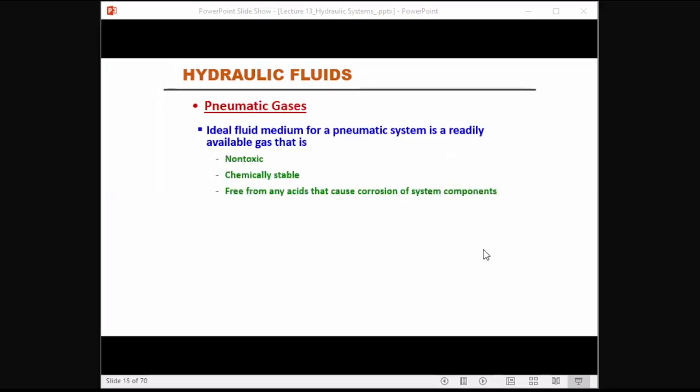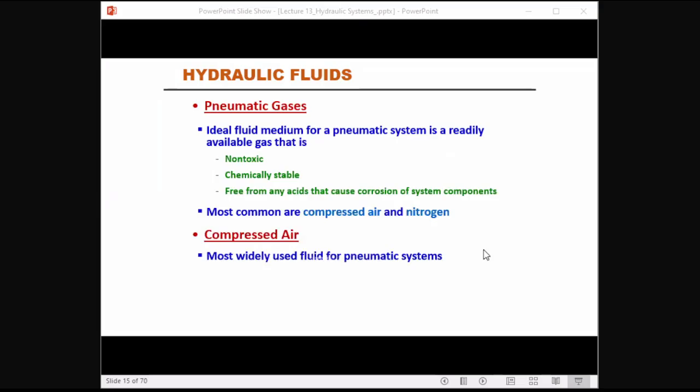Then here you can see pneumatic gases. Pneumatic means air.